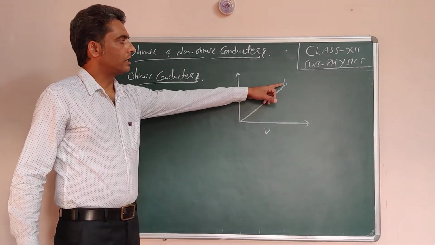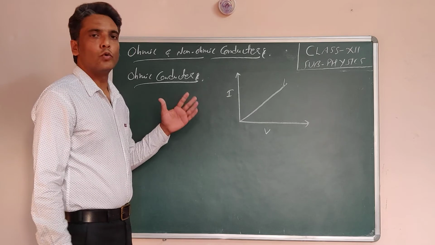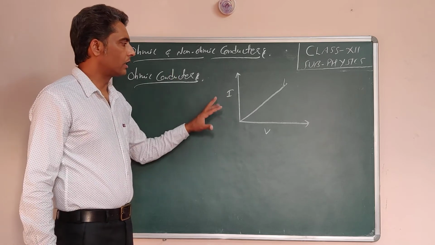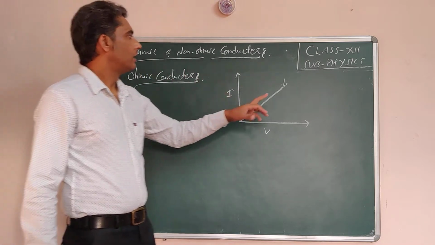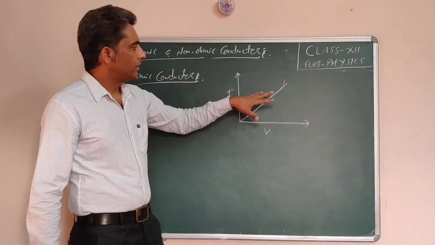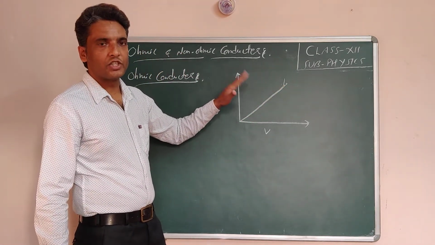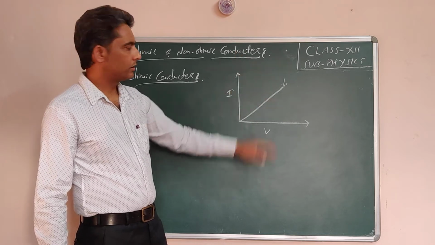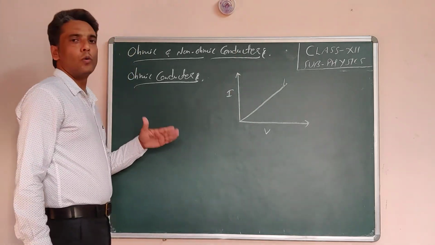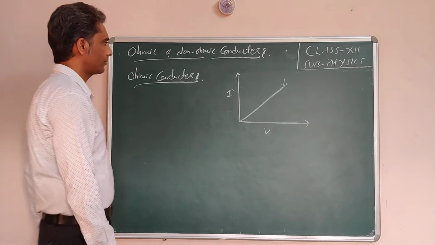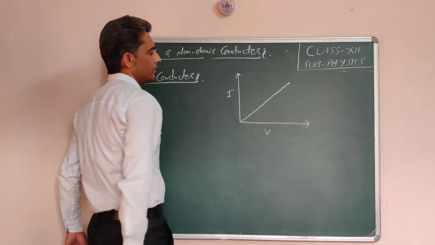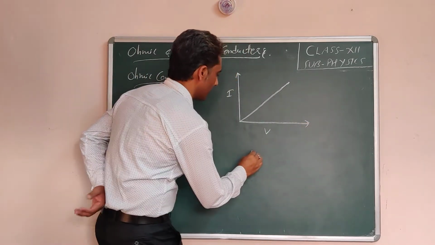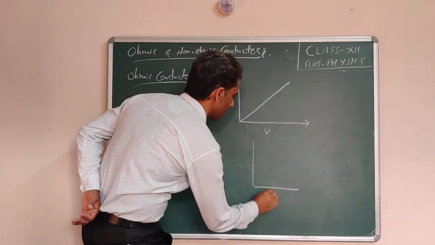But as far as an ohmic conductor is concerned, the graph between V and I is a straight line. But at higher currents, as I said, the behavior of the conductor may change from ohmic to non-ohmic. So I just drew a straight line, but if I have to draw at higher values of current, then I can draw like this.